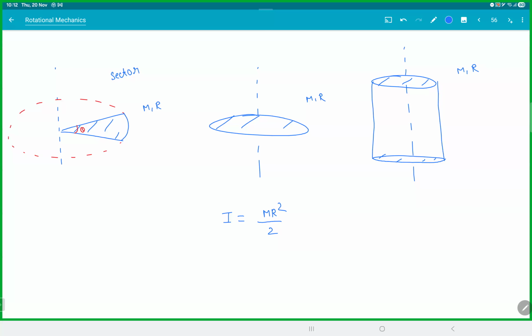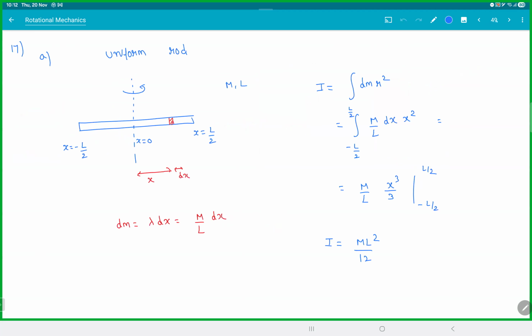So if you have a full disk of mass m and r, or if you have a sector of mass m and r, the moment of inertia doesn't change. Like I said, moment of inertia doesn't depend on how you keep the particles. Any doubts on this? Then let's see one more.